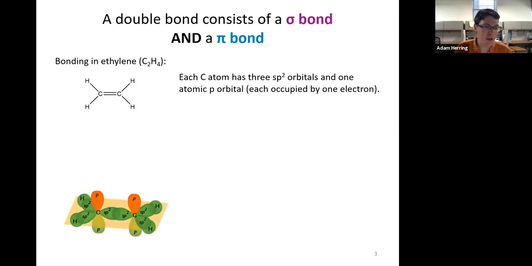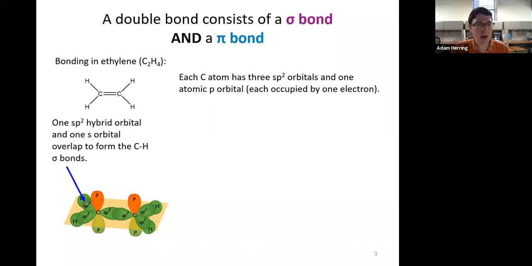We could imagine it looking like this diagram here on the left. We have the sp2 hybrid orbitals, which are used to make the bonds between the carbon and each of the 2 hydrogens, and we're left over with the unhybridized p orbitals.